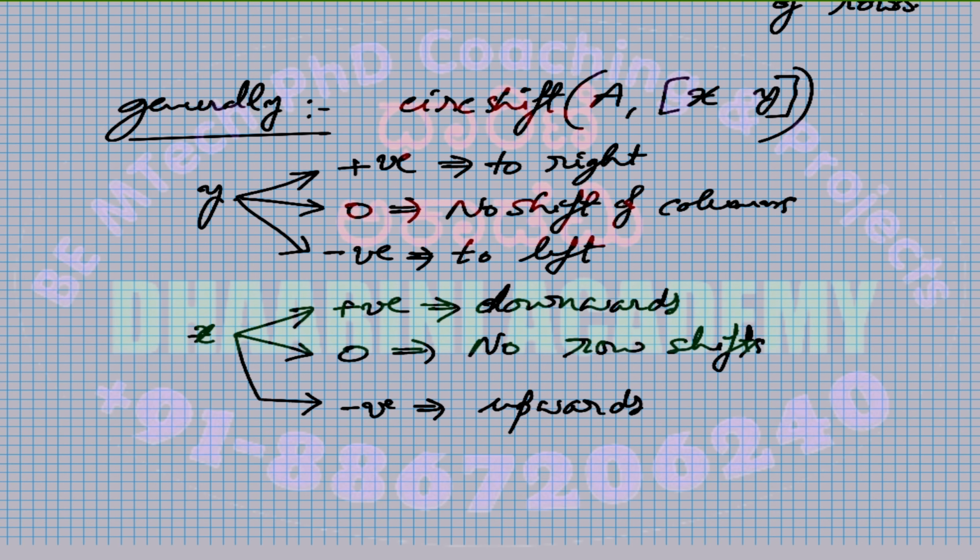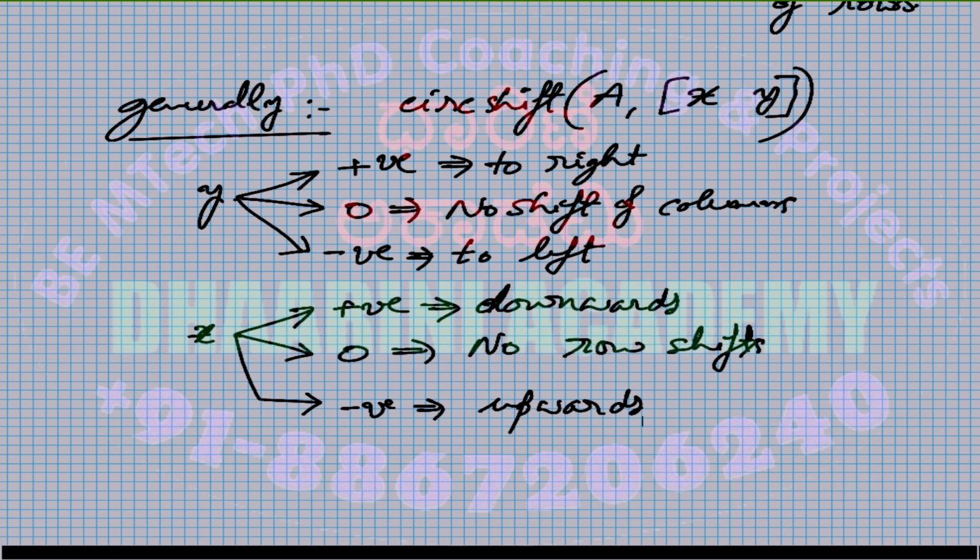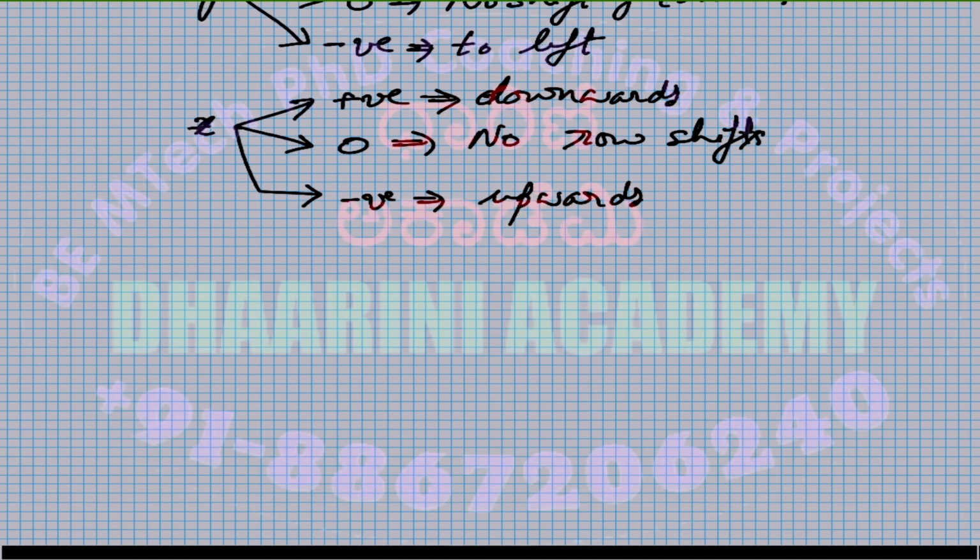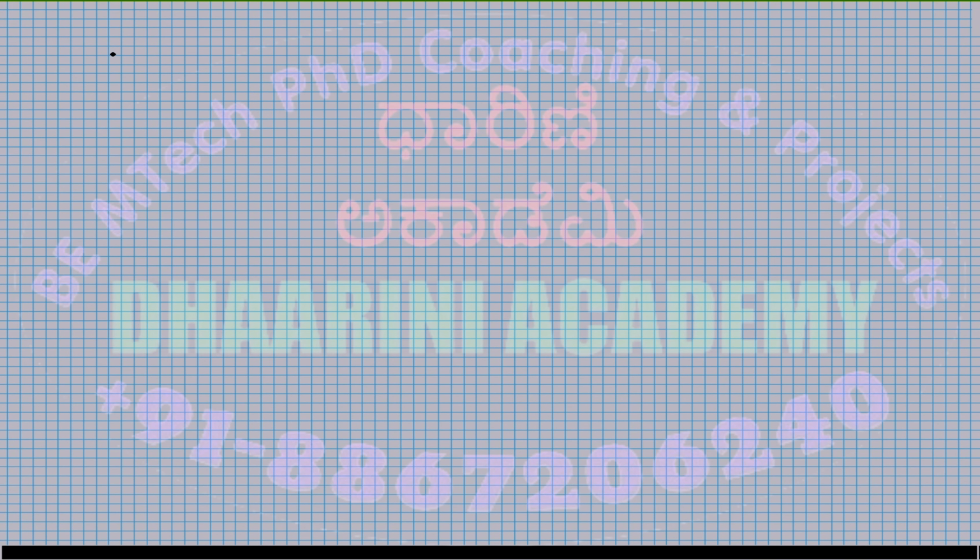The next topic we are going to consider is rotation of a matrix. One function we have is called ROT 90.